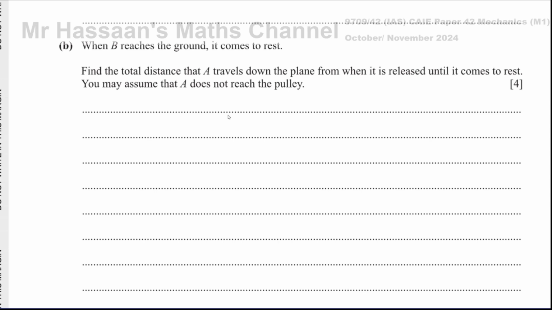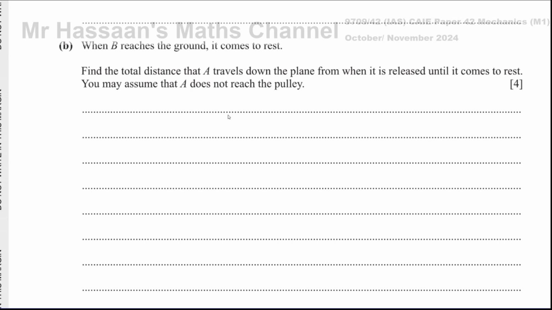We could use the fact that there's friction acting, that when B reaches the ground there's no tension in the string, there's a new acceleration in the system. We can work out the speed of A as it was traveling down once B hit the ground. At that point the acceleration will change, and it will start to slow down because the friction will decelerate it, as it says it's going to come to rest.